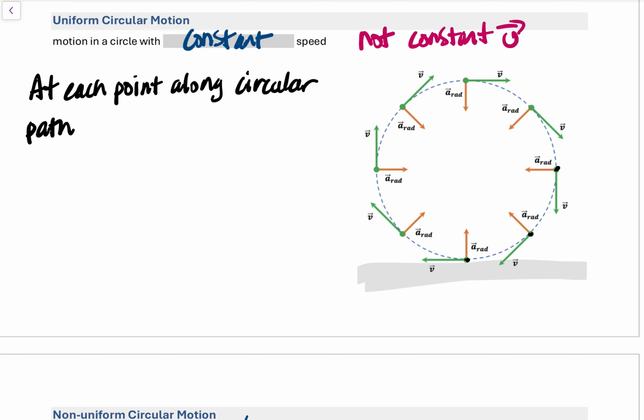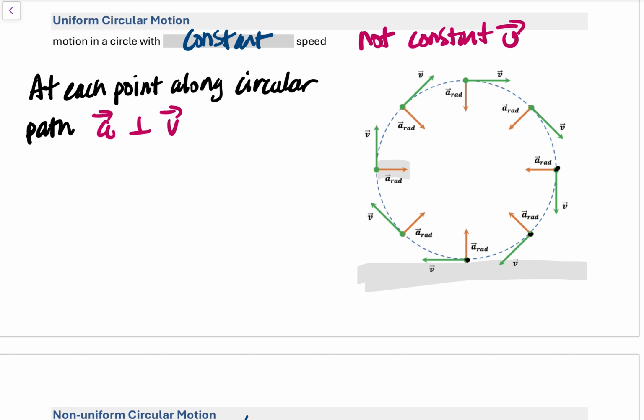So when we're doing uniform circular motion, if I have constant speed, then at each point along the circular path, the acceleration vector has to be perpendicular to my velocity vector, right? And again, that's shown here in the picture. The acceleration is the orange piece that's directed perpendicular to that velocity vector.